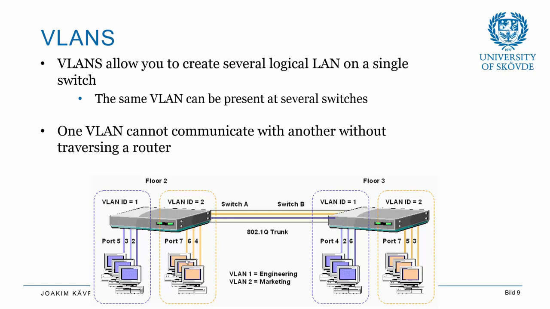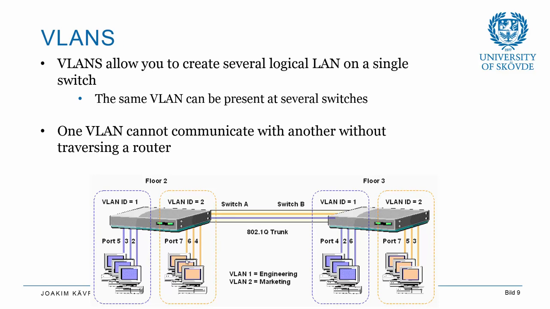But on the other hand, you still want a way to be able to segment your network. So for instance, you may have a switched network within a campus or within an organization, but you still want some inter-organizational segmentation. And there is something called virtual local area networks, or VLANs, that allows you to do just this.